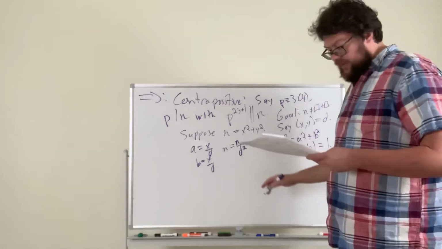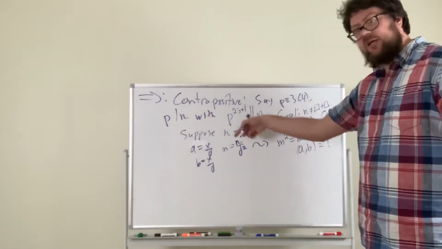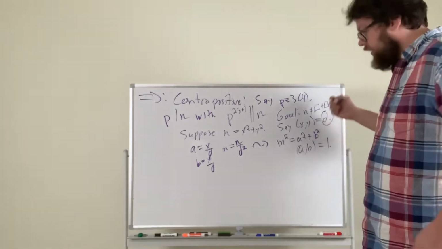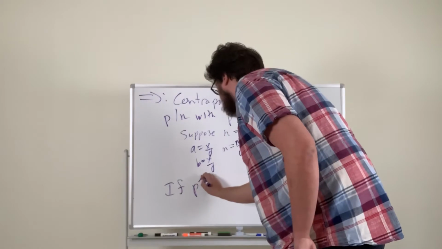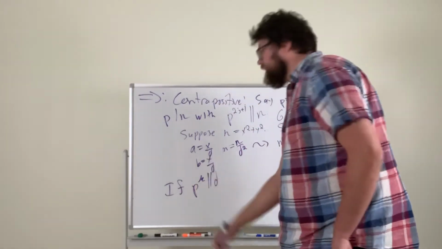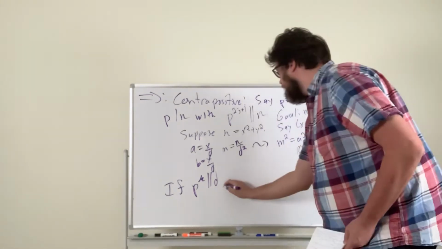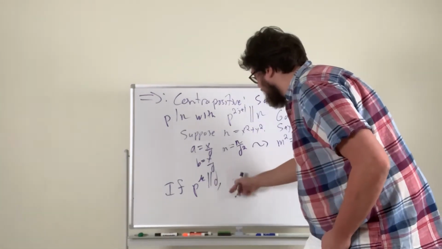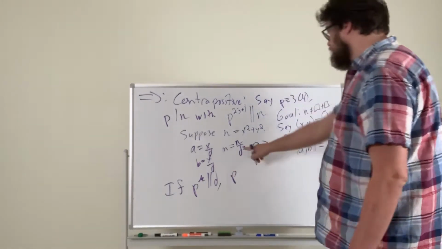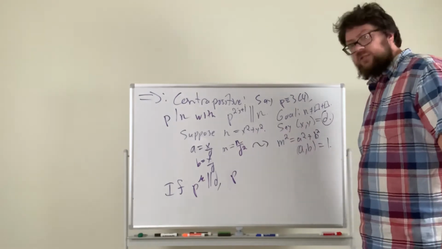And let's say that some power of p could divide d. Everything's about studying the power of p dividing stuff. So let's say p to the k exactly divides d. Then I look at m. Well, p shows up in n 2j plus 1 times. N over d squared is still an integer.